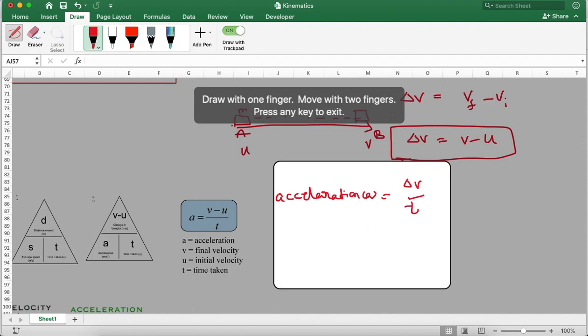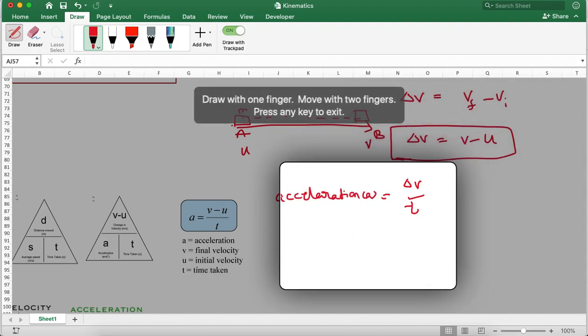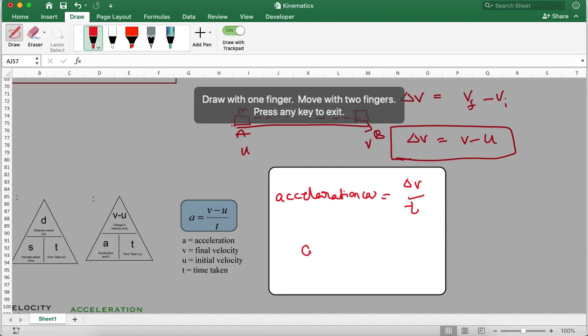How fast the velocity is increasing or decreasing is explained by the acceleration. So the simple definition is a is equal to delta v by t, and we know delta v is v minus u, so you just substitute here. So a is equal to v minus u by t.